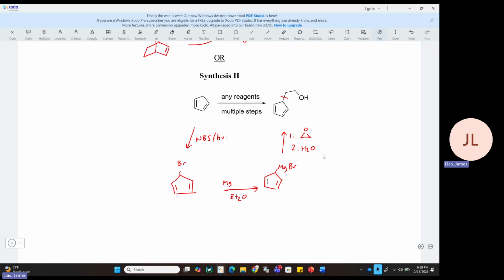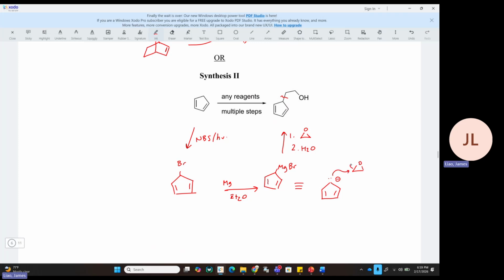For the exam, do not draw the intermediates. It's only for mechanism questions, but for the sake of refreshing what it looks like, sure. So I'm just going to say this is equivalent to this. This is a minus charge, and here's my epoxide. So here it is.